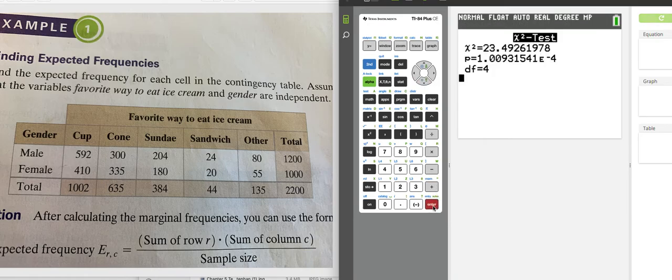Hit calculate. We got a really small p-value. We got a really high chi value. So this number, 23, is bigger than our value of 13.277, if you can remember back to when we started this video. Also, you can see our p-value is extremely small. It's less than our alpha value. So these are two ways you can tell if we're going to reject H0.